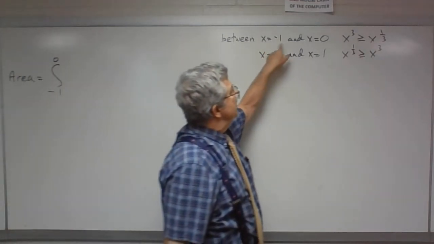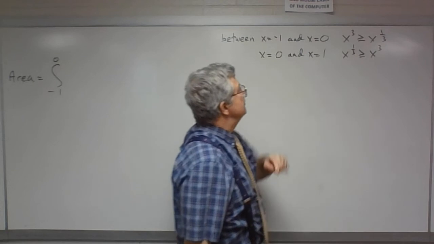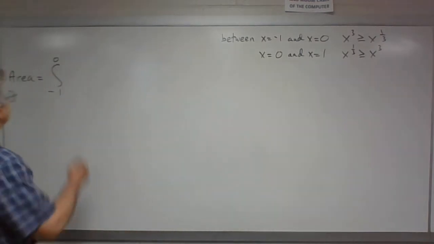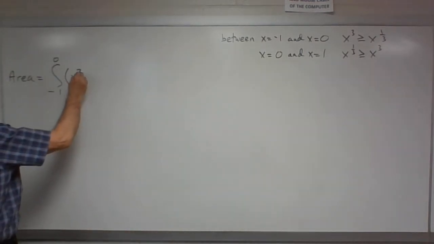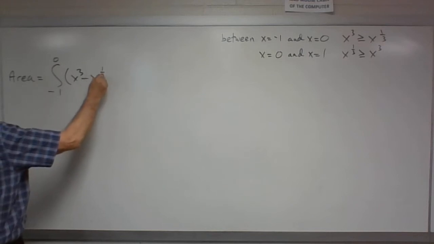From x equals -1 to 0, x cubed is the larger function. So we integrate the larger minus the smaller.